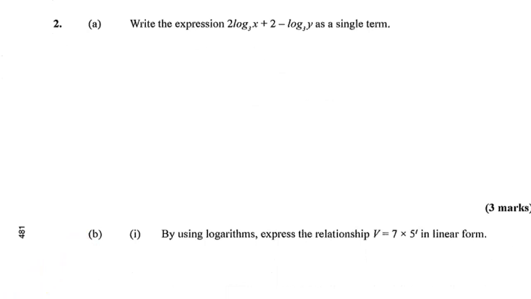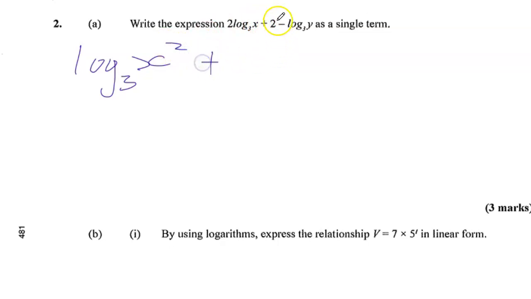Question 2. Write the expression 2 log x base 3 plus 2 minus log y base 3 as a single term. So we can rewrite 2 log base 3 of x, and one of the laws of logarithms says the coefficient can be moved to the power of the term that you're logging.